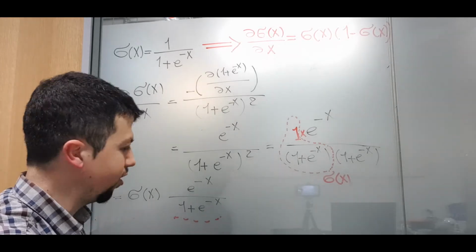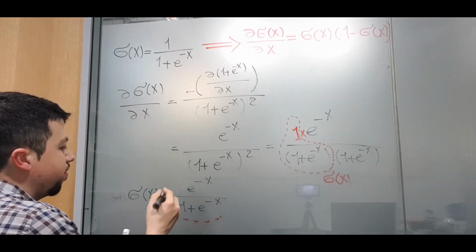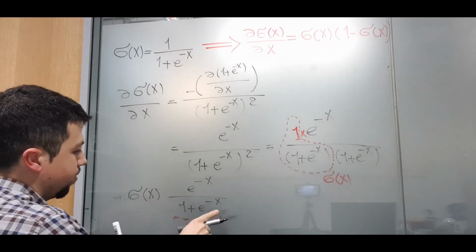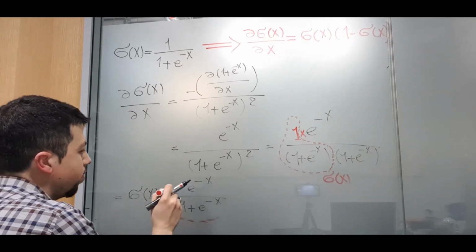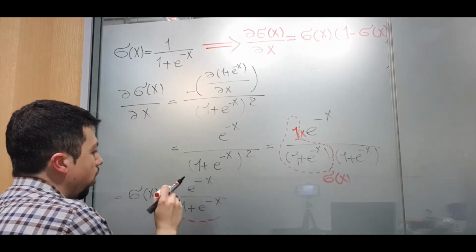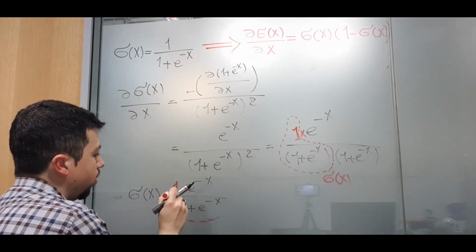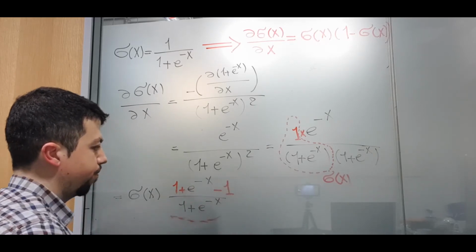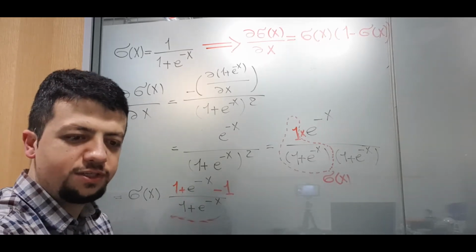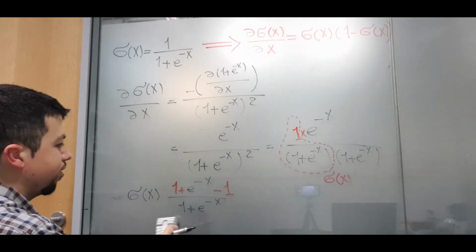That's the game that we're going to play. So we're going to have 1, and then we're going to subtract 1. What's going to happen? Can you see it? It's actually very interesting.